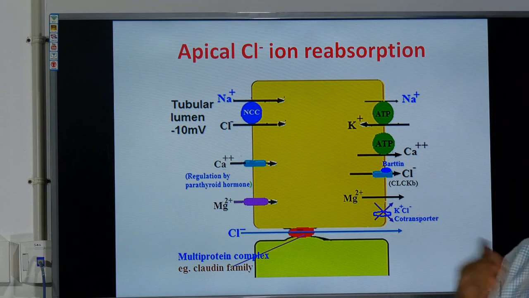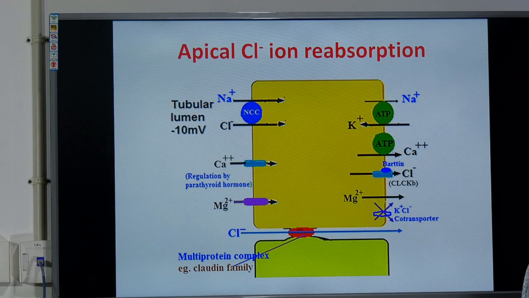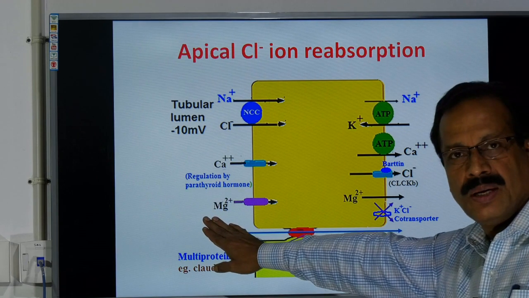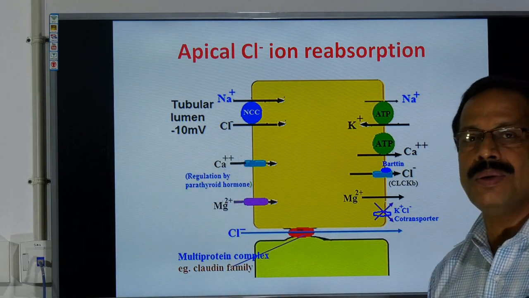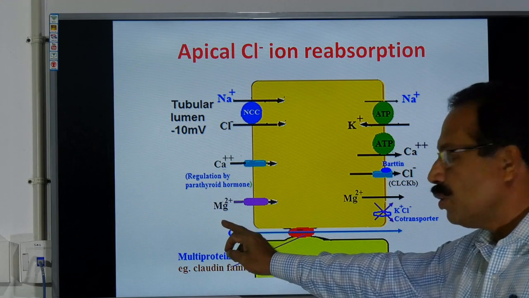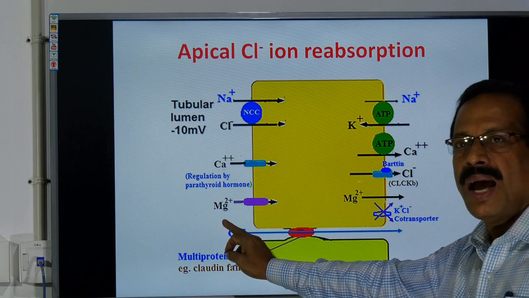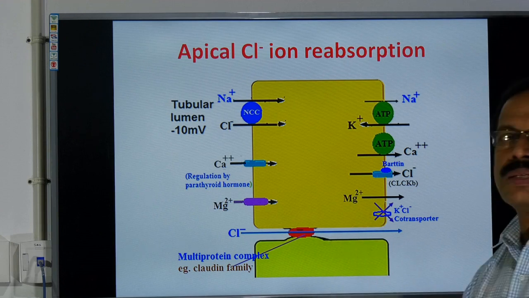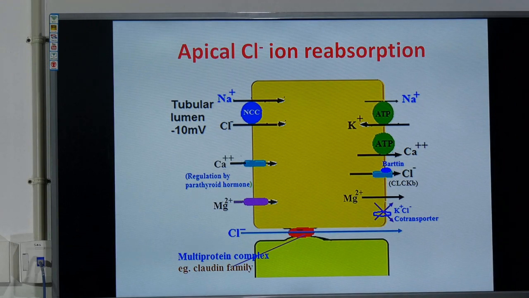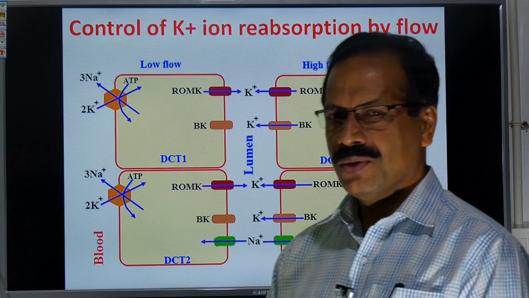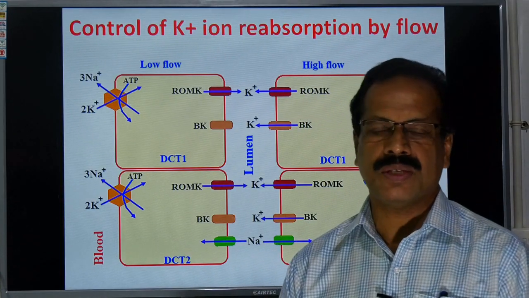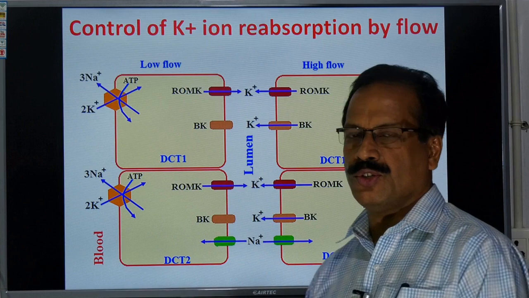Especially in the distal convoluted tubule, the osmolarity of the fluid in the tubule decreases up to 100 milliosmoles. So this low osmolarity acts as an inducer for opening this KCC4 channel, and increases the reabsorption of chloride ions.